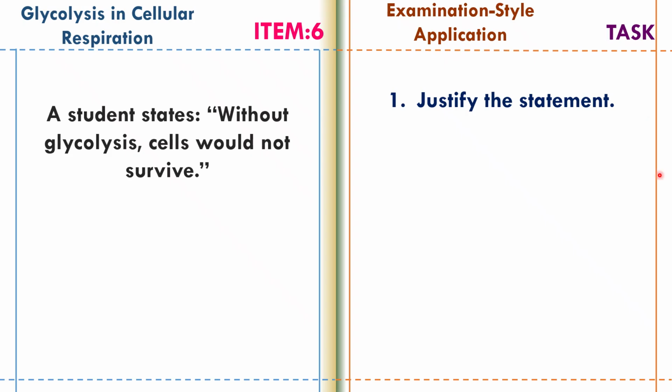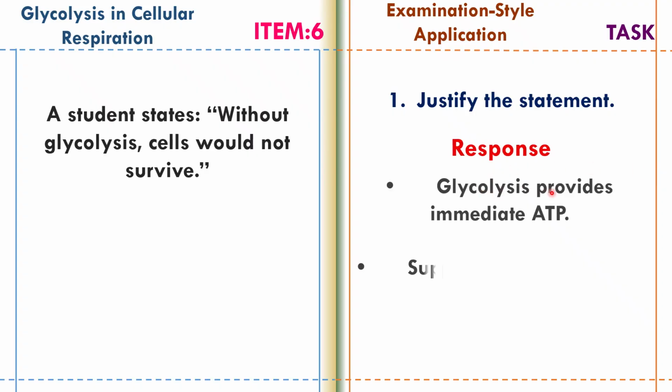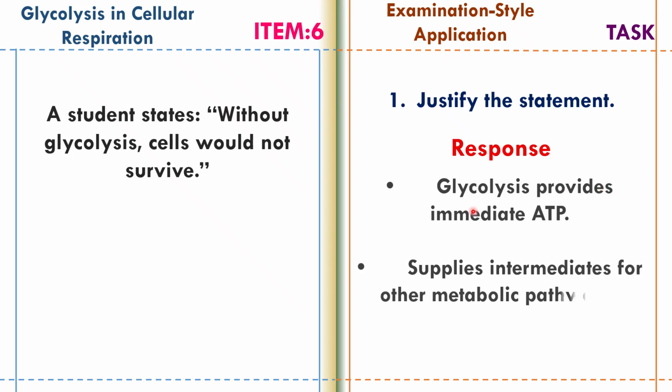Justify the statement. Glycolysis provides immediate ATP. It supplies intermediates for other metabolic pathways and occurs in all living cells.